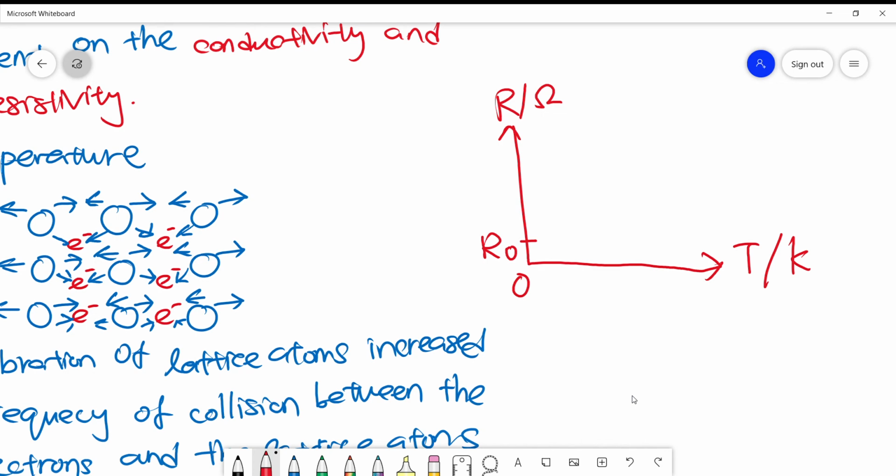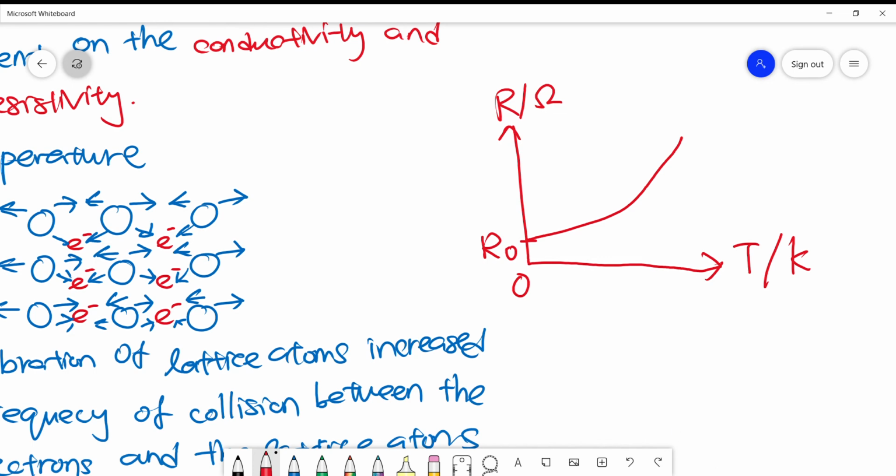When the temperature of the wire is increased, what I get for the curve is in this form: when the temperature keeps increasing, the magnitude of the resistance will also increase.